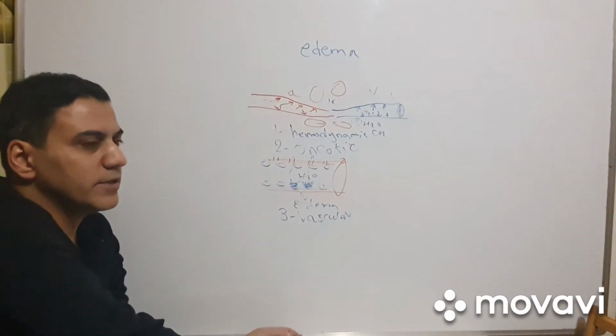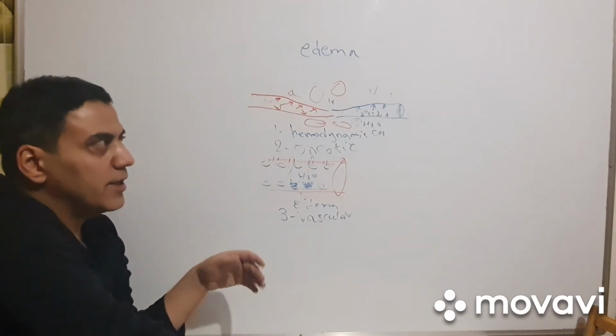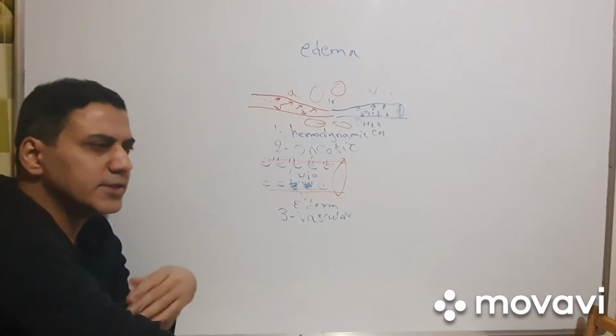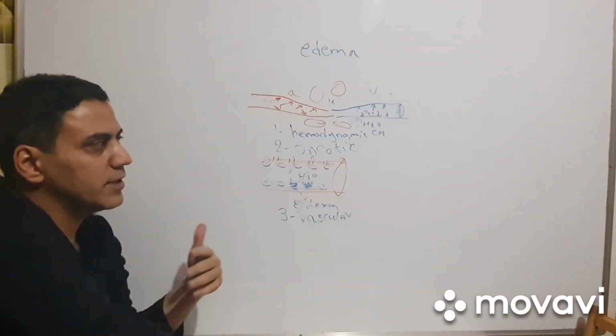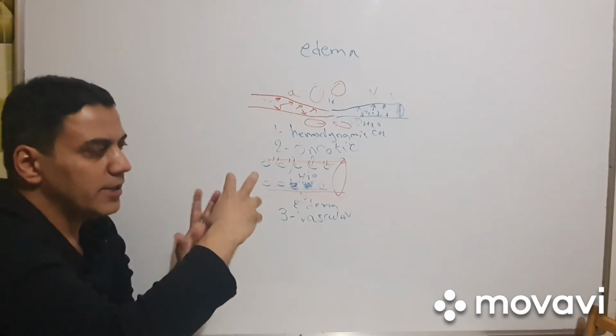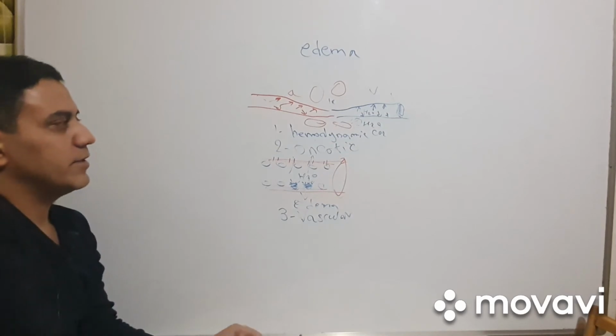In case of any toxic products, poisoning, in allergy also, allergic mediators, for example, histamine and prostaglandin, they also affect our vessels and cause dilation, causing edema. This factor is the vascular factor.